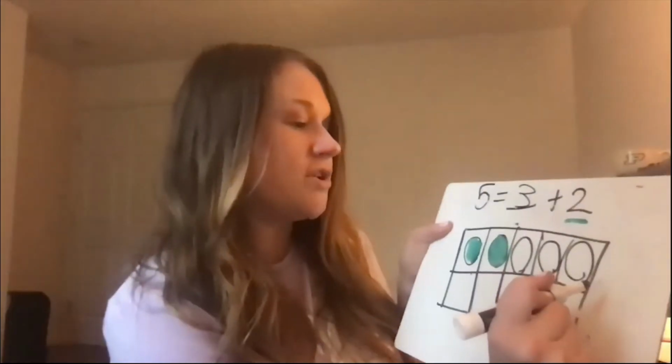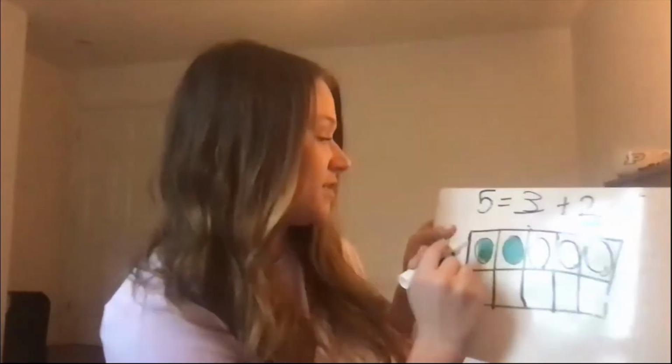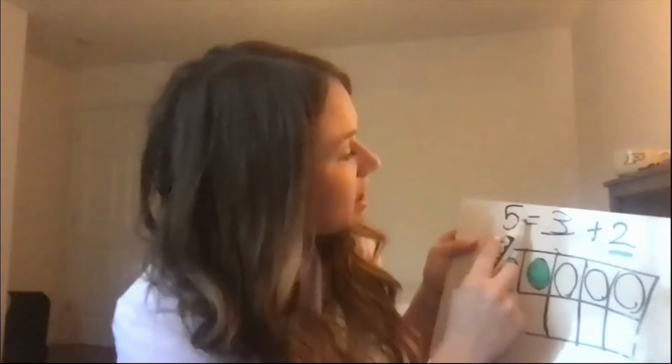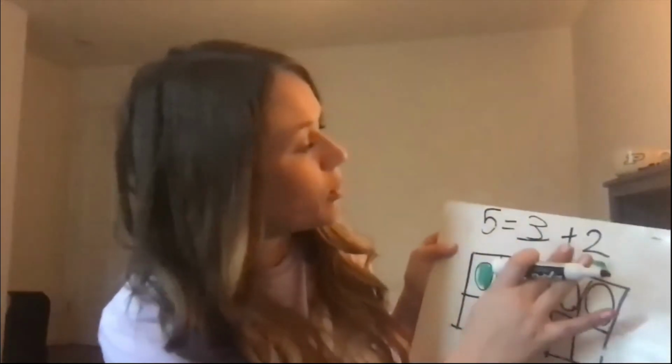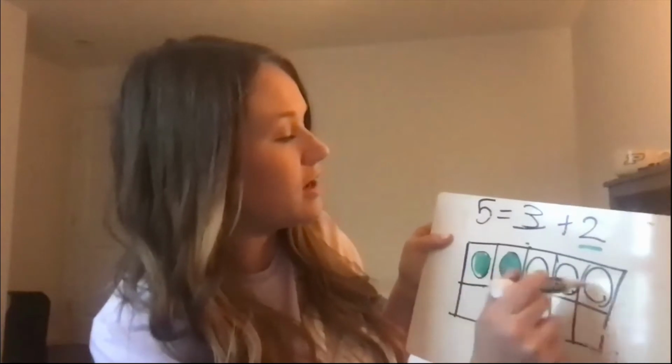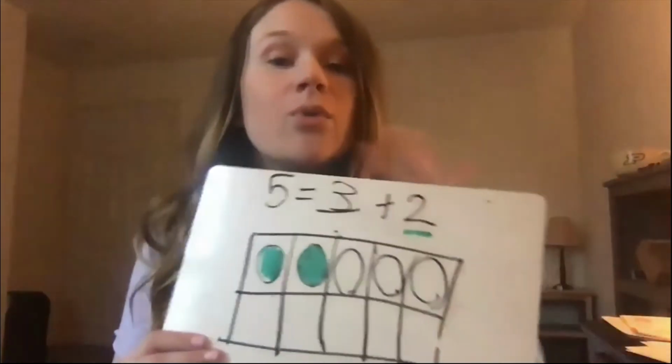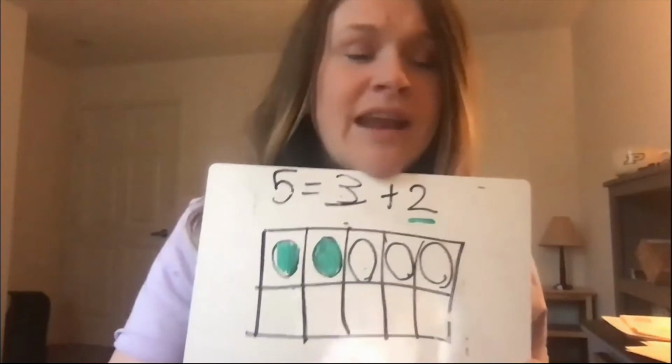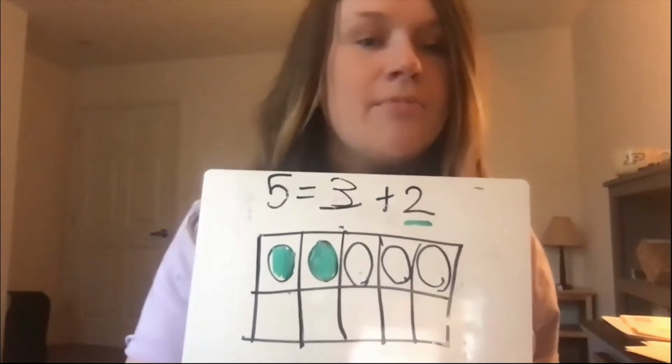We had 5 circles, and we knew we had 2, so we colored in 2, and then we knew 3 plus 2 is going to give us 5. Okay, so there's different ways we can look at it, and I know it might be a little confusing, but we will get it. Now we're going to move on to our next problem.